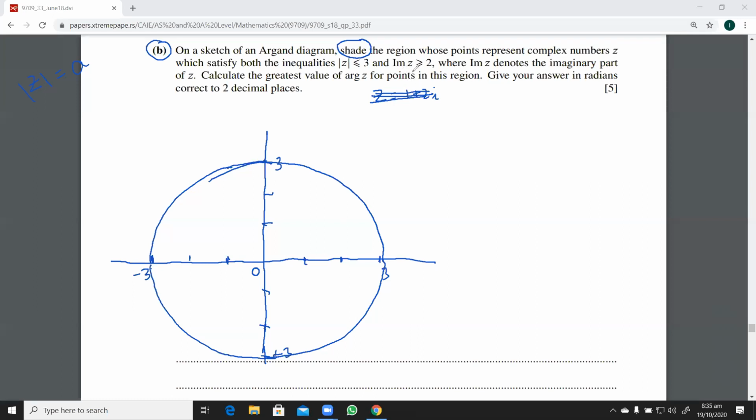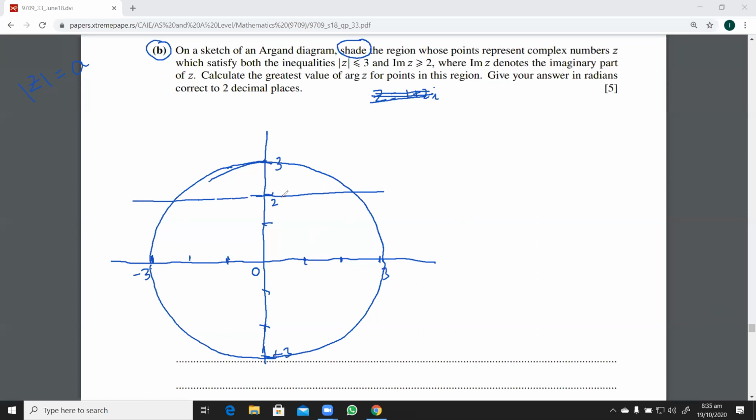And then next it says imaginary part of z is more than or equal to 2. So here is the 2 iota. So I have to draw a line like this, and there is a line like this. Okay, so this is your 2 iota.